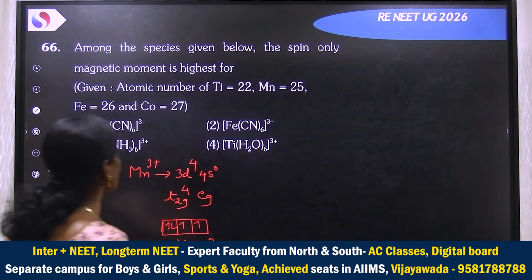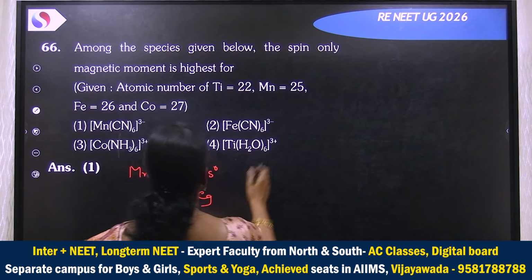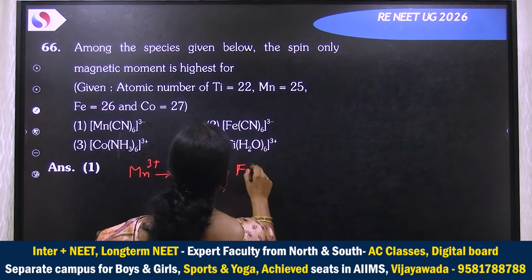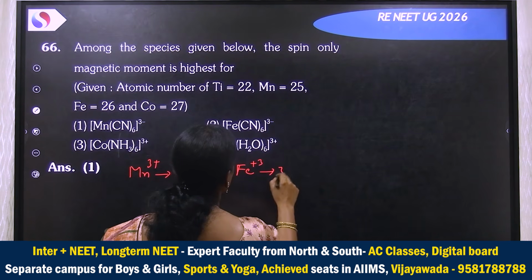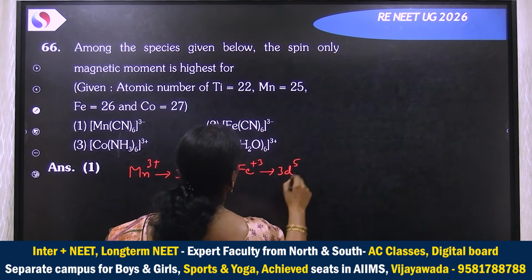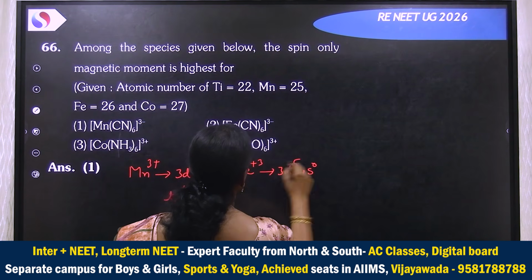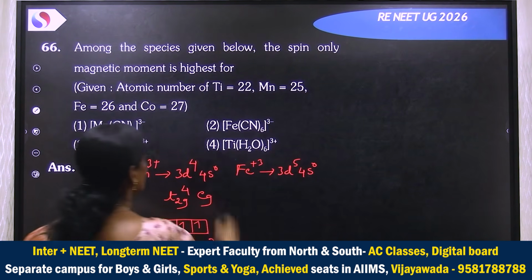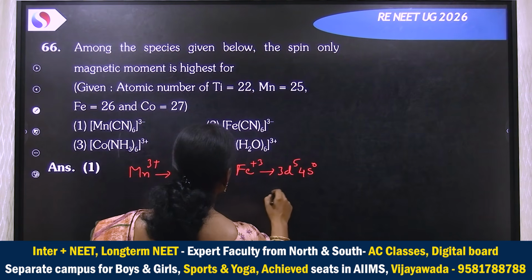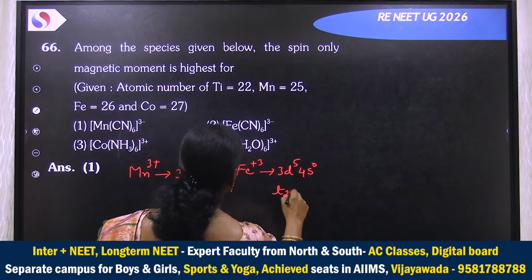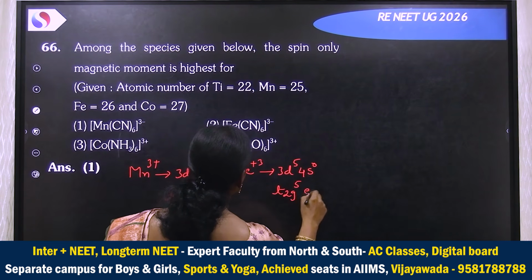Coming to the second complex, FeCN6 3-. In this, iron is in the +3 state. Iron +3 means 3d5 4s0. Again CN- is a strong ligand, so the configuration is t2g5 eg0.